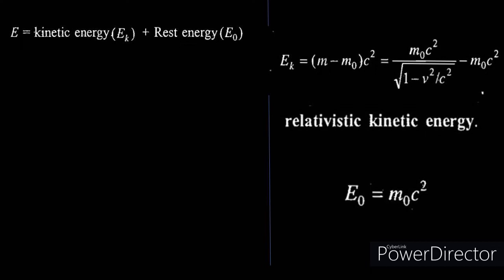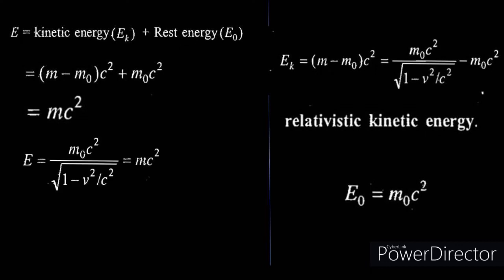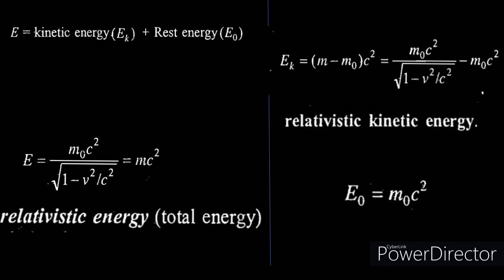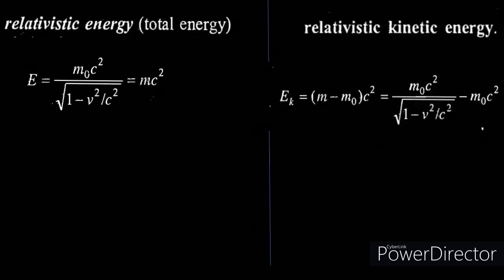And if you substitute back, then you will get E is equal to m minus m0 c square plus m0 c square. This you would get as m c square. So E is equal to m c square, where m is the relativistic mass, which is equal to m0 divided by square root of 1 minus v square by c square. And E is equal to m c square is known as the relativistic total energy.